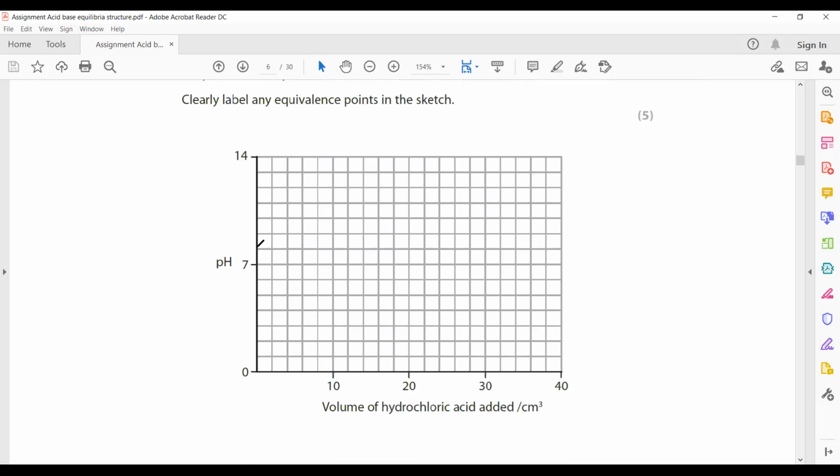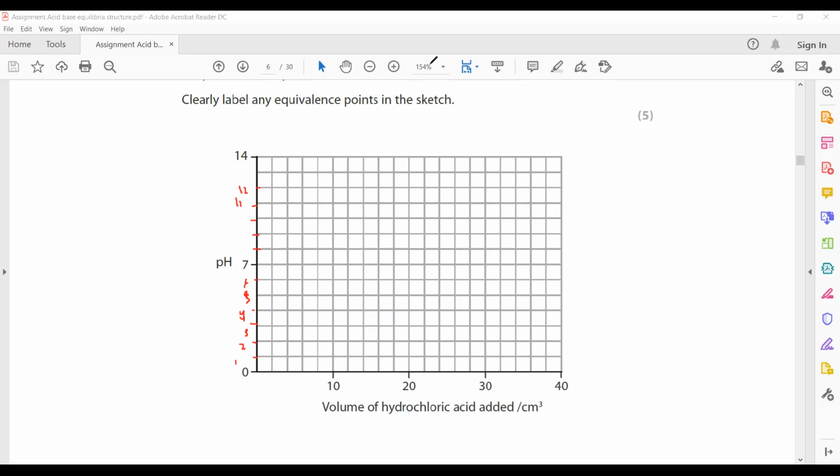So we started, this one is 8, 9, 10, 11, and 12, then 6, 5, 4, 3, 2, and 1.